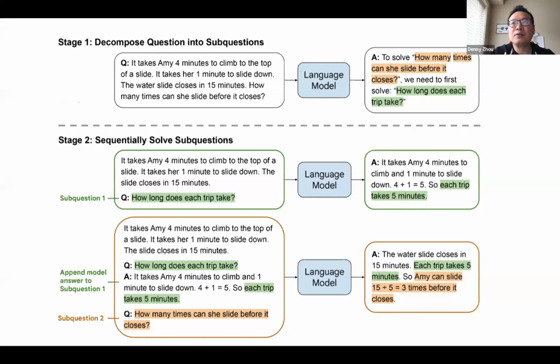That means the answer to the first question is used as a building block. And also, the last question is always the original question, so we don't need another procedure to combine all the answers. The problems are gradually solved until the final original problem is solved.